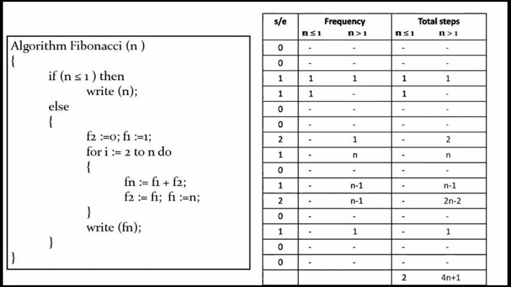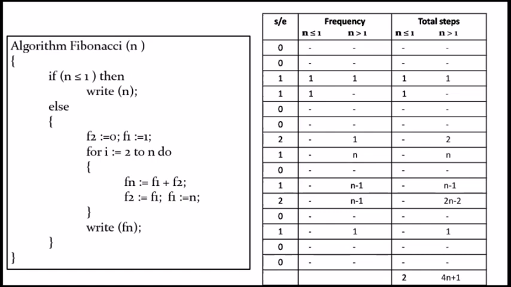So now we will add all these steps. So 1 plus 2 plus n plus n minus 1 plus 2n minus 2 plus 1. So the answer will be 4n plus 1.